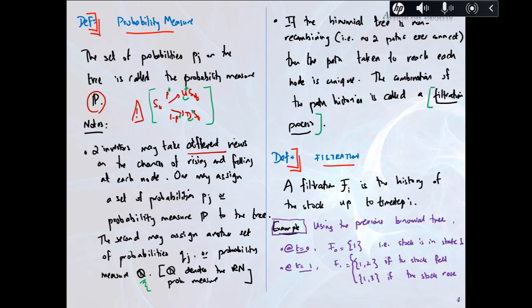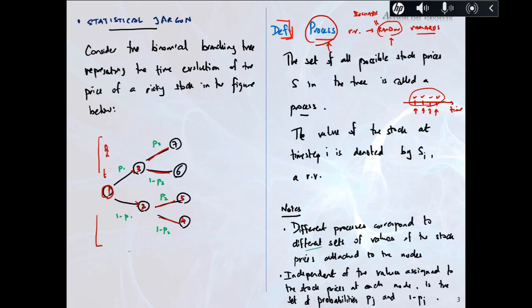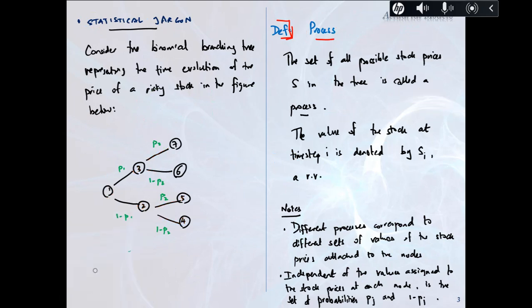Filtration process. So it is the combination of both histories. Okay, so we'll give some examples here. At time t equal to 0, where we are standing at time t equal to 0, F naught is equal to 1, says that at time 0, okay, this is 1, this is 2.